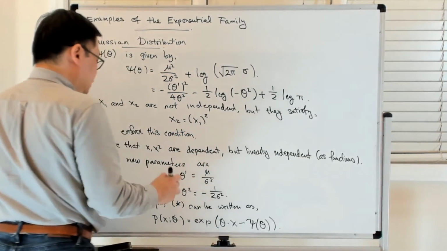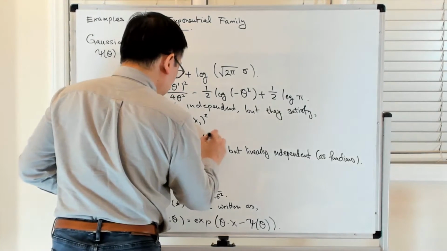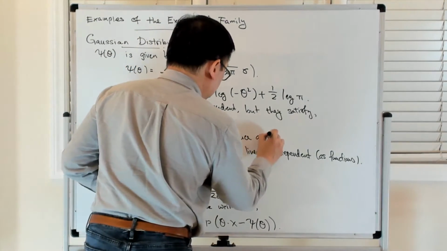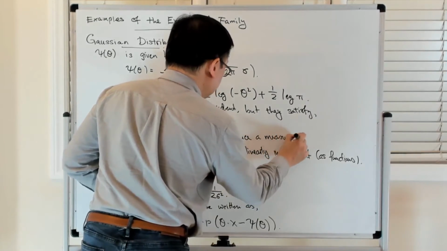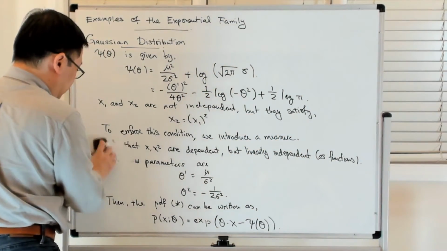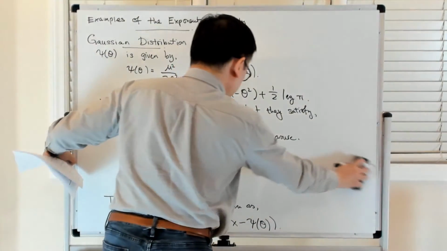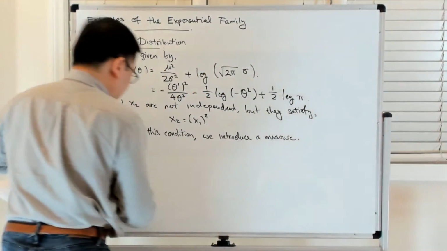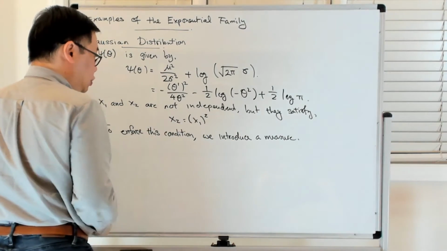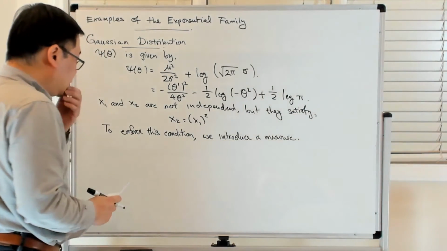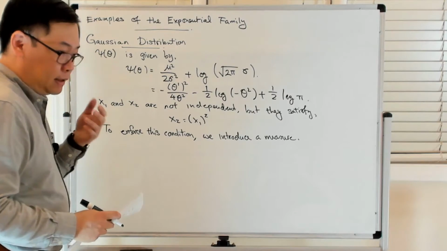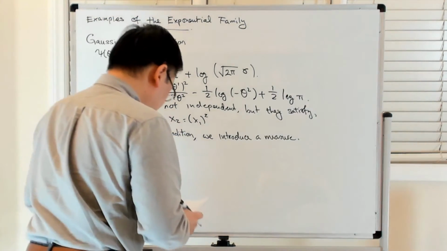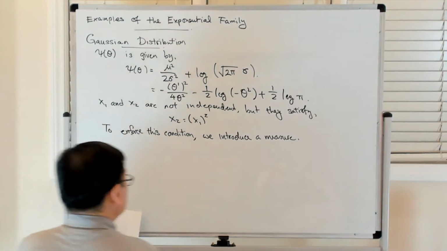we introduce a measure as follows, which basically concentrates the distribution on the set of x1, x2 which satisfy this relationship. You might have heard of the Dirac delta function, and we're going to use it in defining this measure.